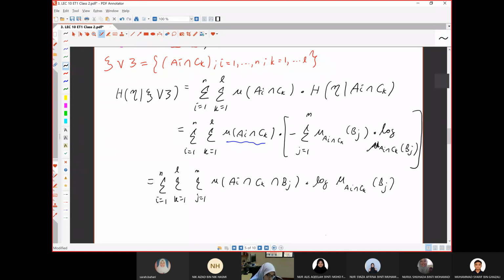How do you get this? You can find this conditional measure. What is this conditional measure? So mu of Ai intersect Ck intersect Bj, correct?